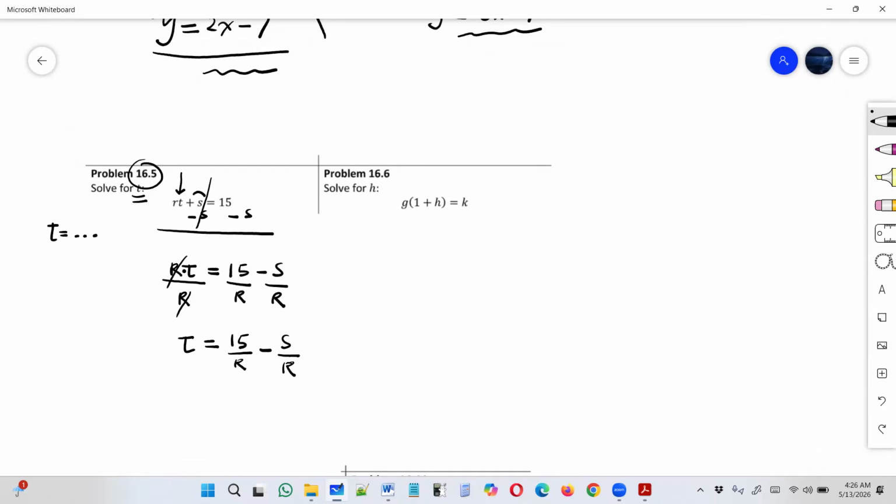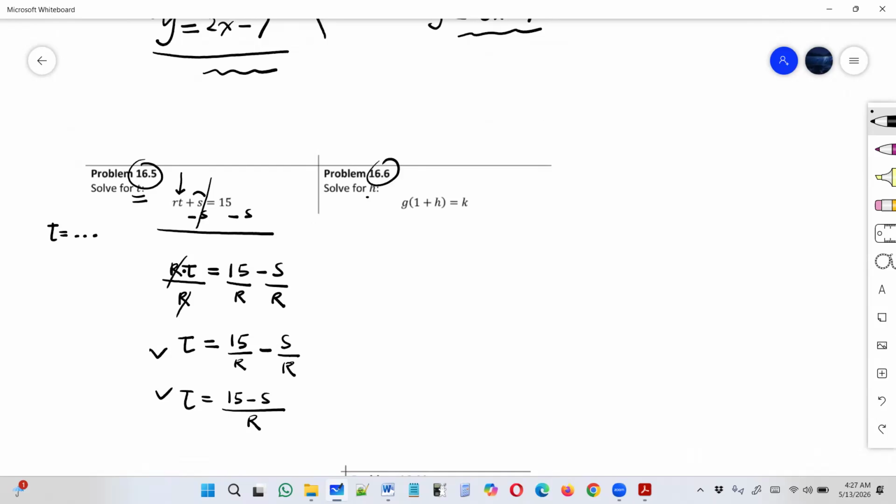You could write it this way, or if you prefer, you could do 15 minus S over R. In both cases, the answer is fine. Also, a simple linear equation with no denominators for us to factor.